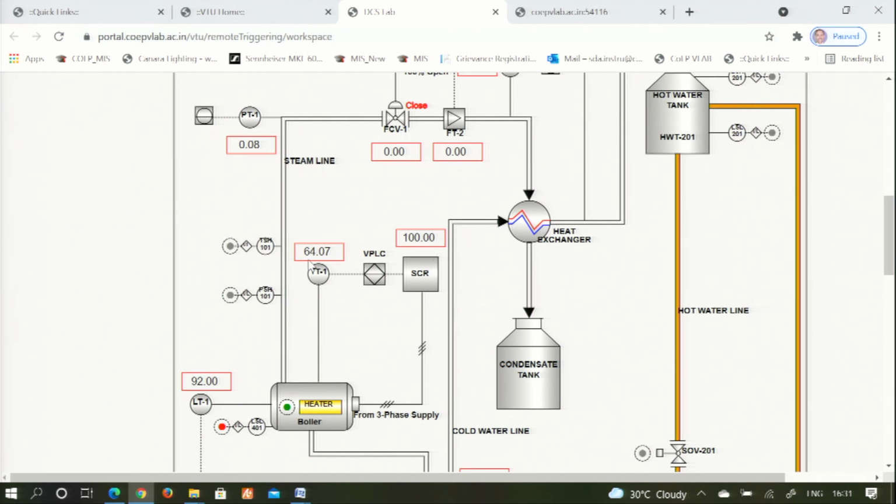You can see here temperature is increasing. As the temperature is increasing, as you know, temperature and pressure of a steam boiler will go hand in hand. Because of that, slowly this pressure gauge or the pressure transmitter will keep on showing you pressure going up.